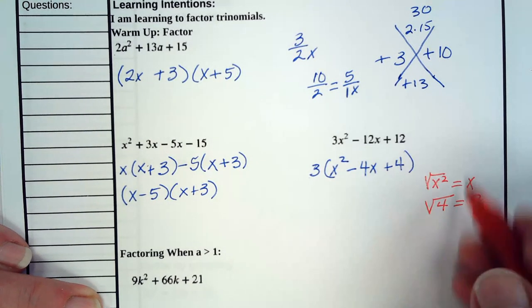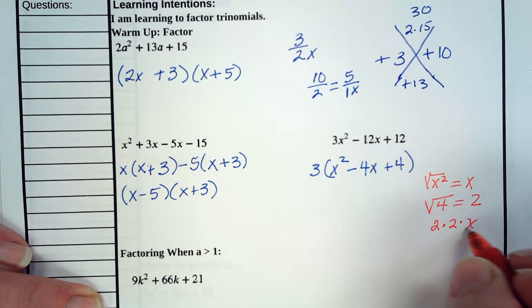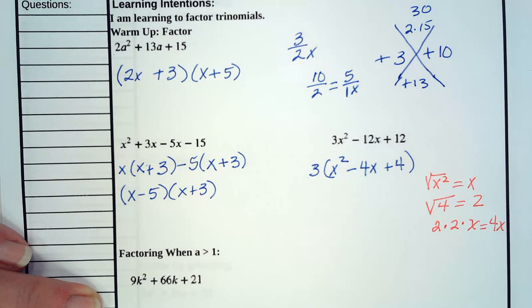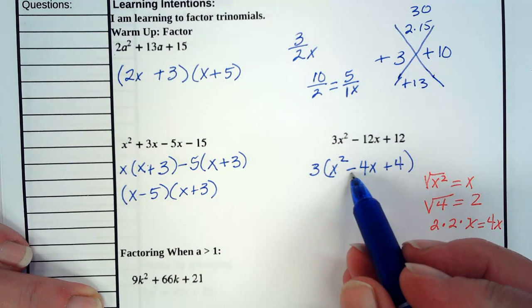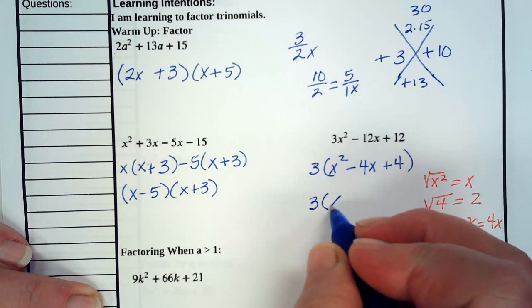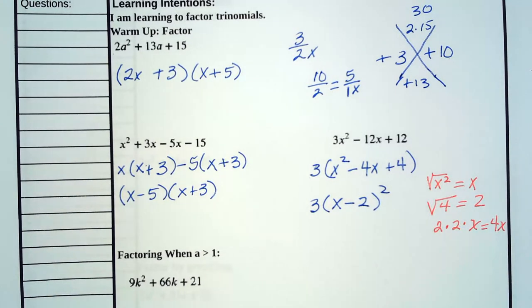Is that middle term 2 times x times 2? Is that middle term 4x? Yes. Then I know I've got one of our special cases. This will be a minus because of this minus here. So it'll be 3 times the quantity of x minus 2 squared. And we're done.